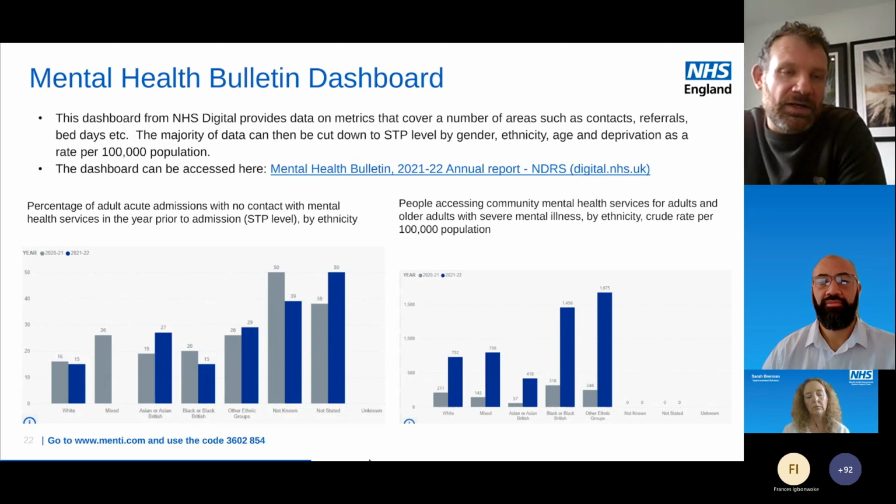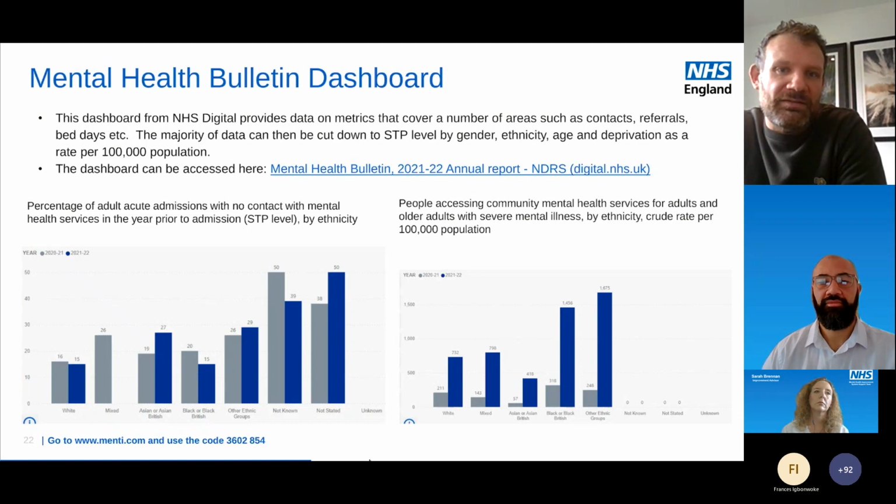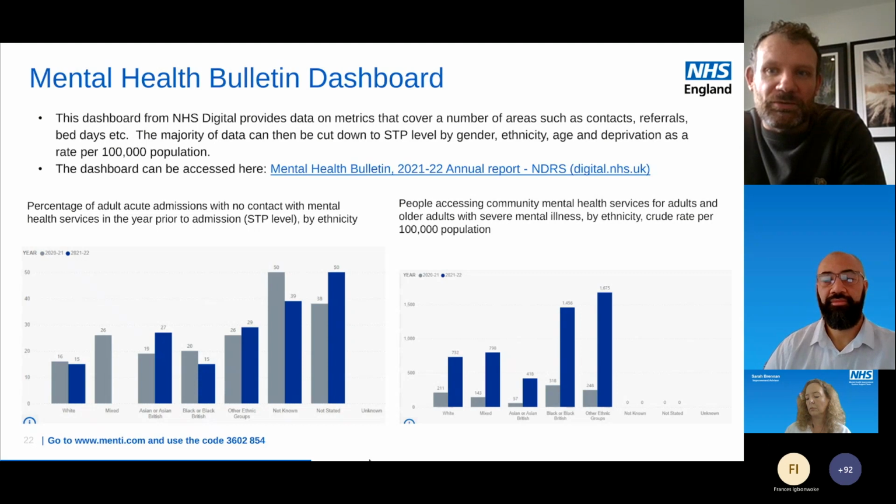So you've got on the bottom left, the variation in adult acute admissions with no contact with services by ethnicity, and then on the bottom right, the variation in access to community services by ethnicity. And you can see really significant variation. This data here is at STP level, so just showing that it can be used at that level, and picks out some important issues to think about in the pathways available to patients. Next slide, please.